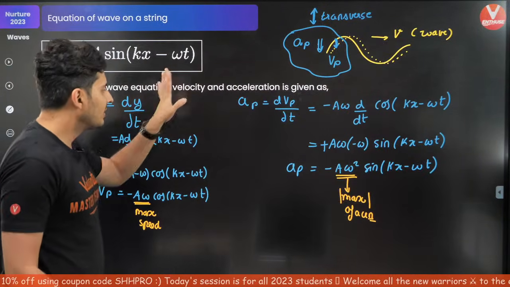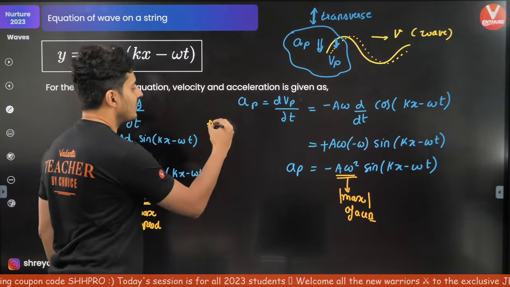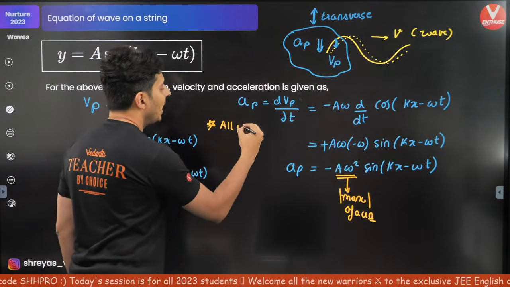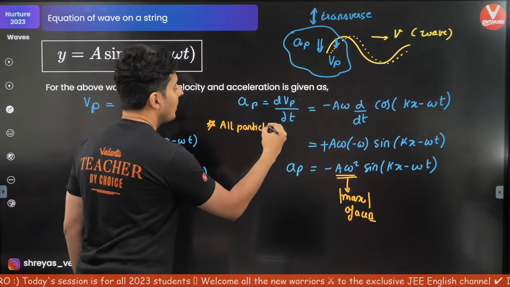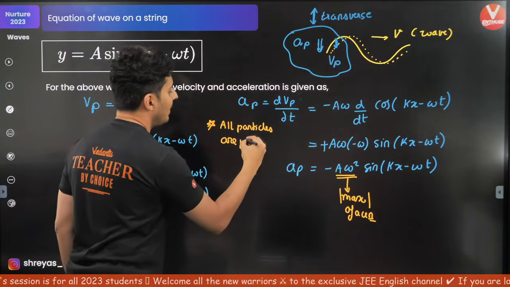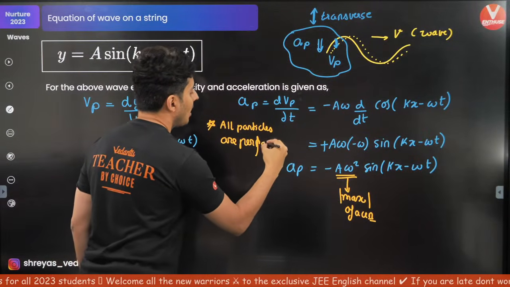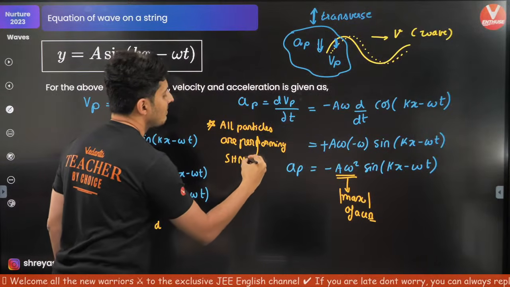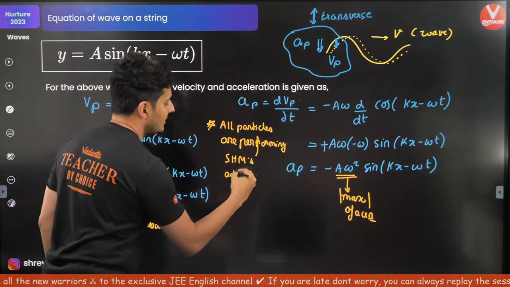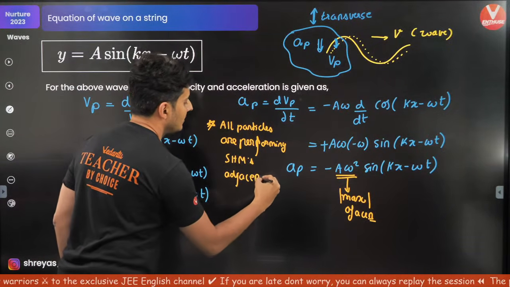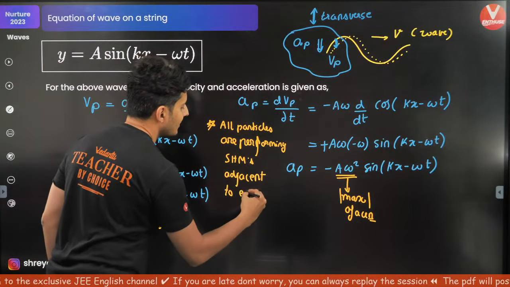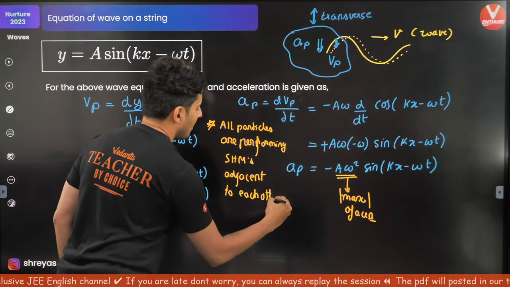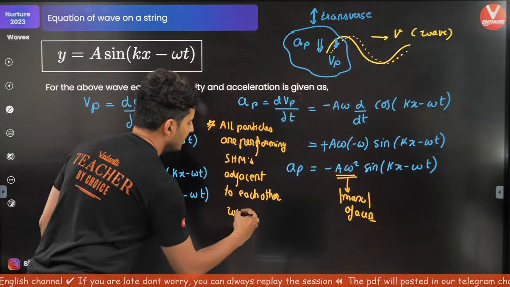In fact, this also tells you one simple thing. All particles are performing SHMs. They are performing simple harmonic motions adjacent to each other, with some phase difference.